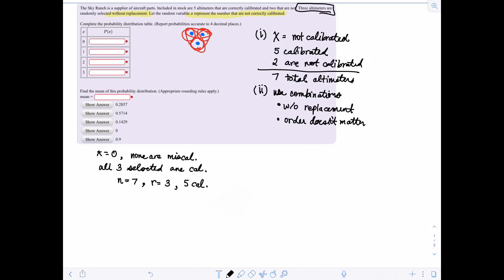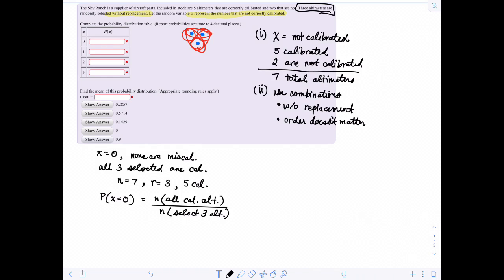So the probability that x equals 0 is the number of ways we can have all calibrated altimeters divided by the number of ways I could just select 3 altimeters, where I don't know what they are.